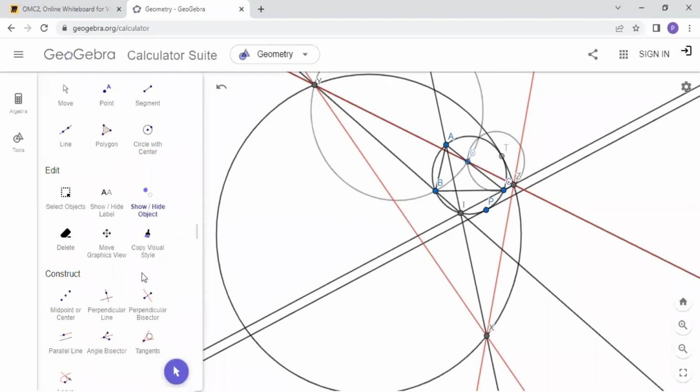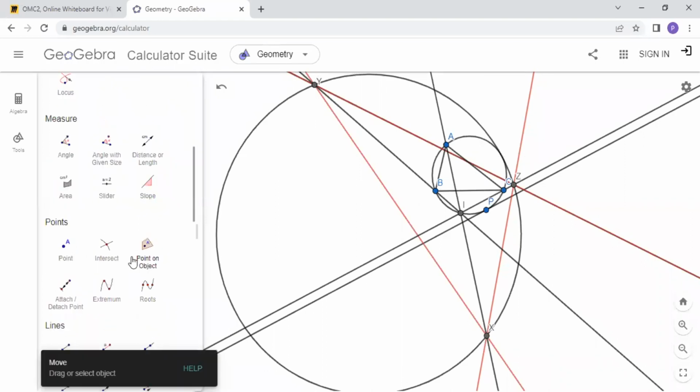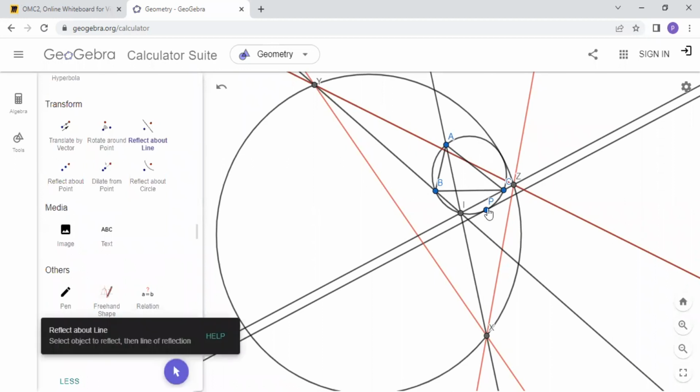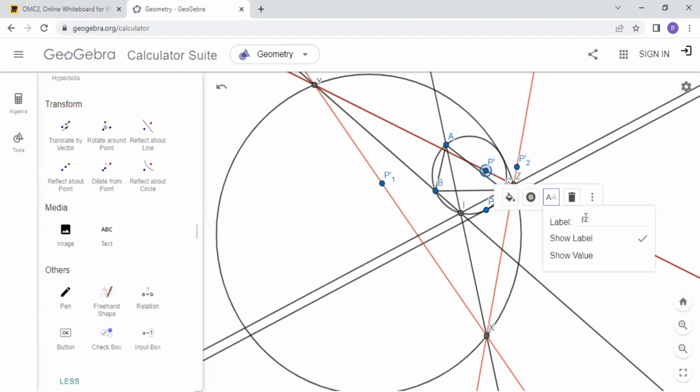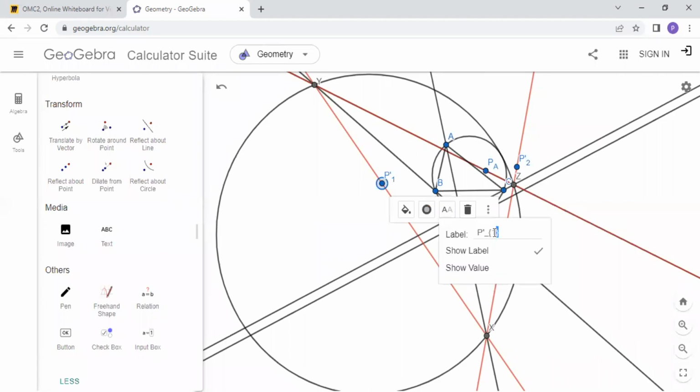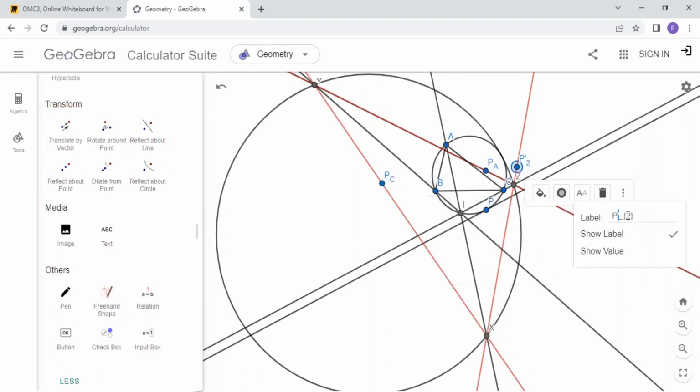I'll also hide point T. First, I'll reflect P across AB, P across AC, and label them slightly better so it's easier to follow: P_A, P_B, P_C.